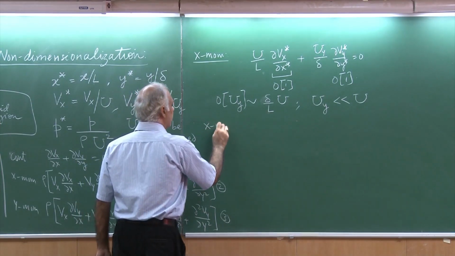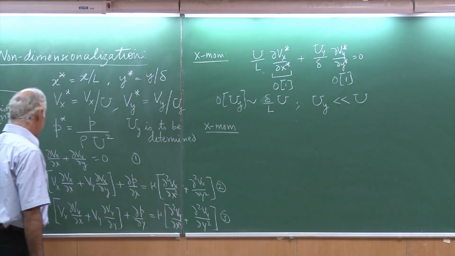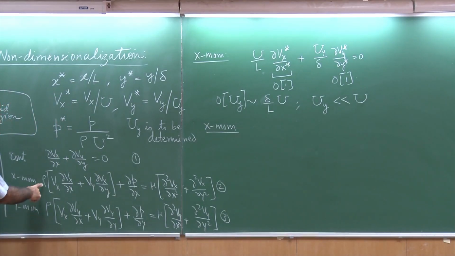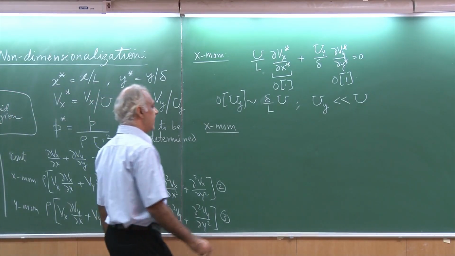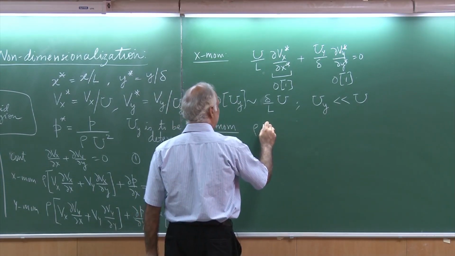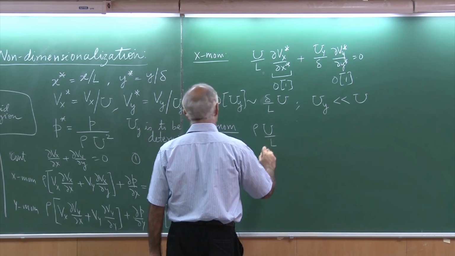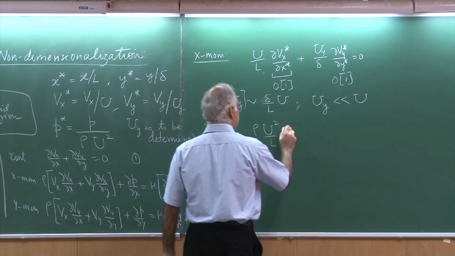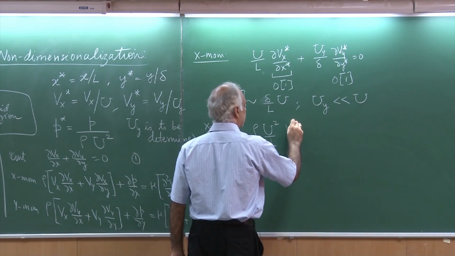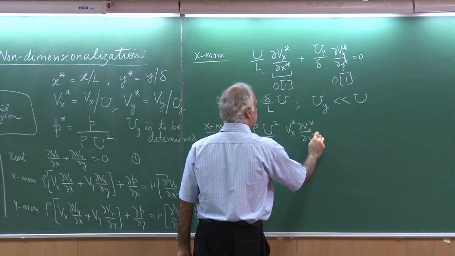Let's come down to the x momentum equation. So the x momentum equation tells me I am going to now take the first term, so that's rho, and for Vx I get u and then L and another u, so this would be Vx star del Vx star by del x star.